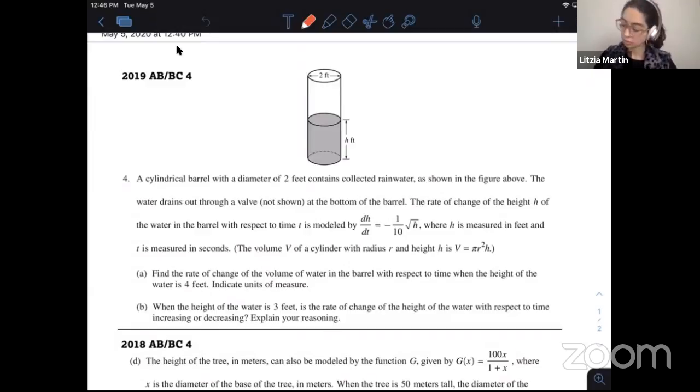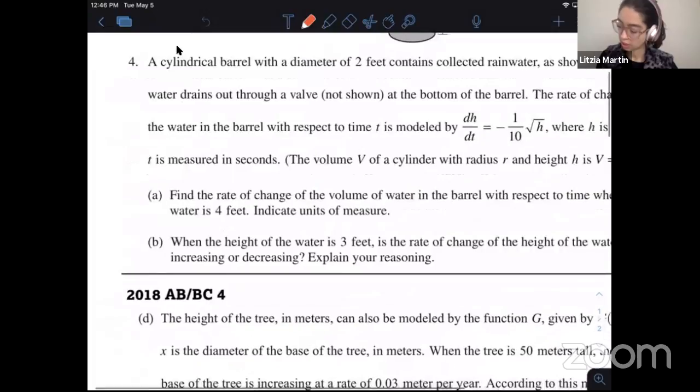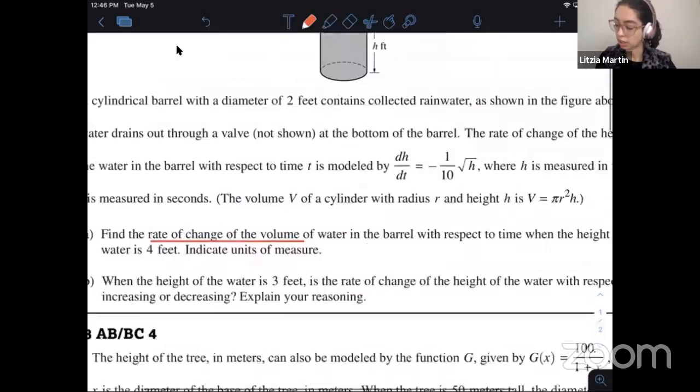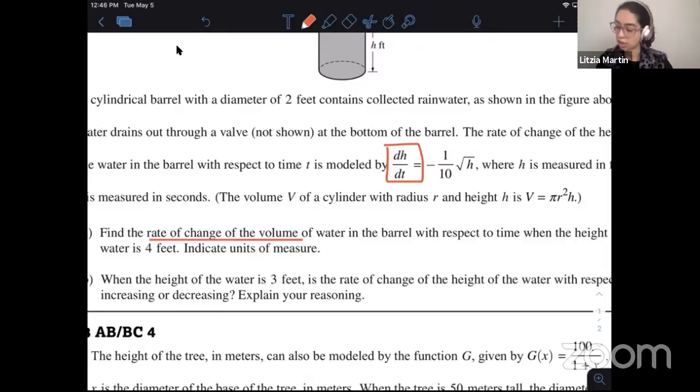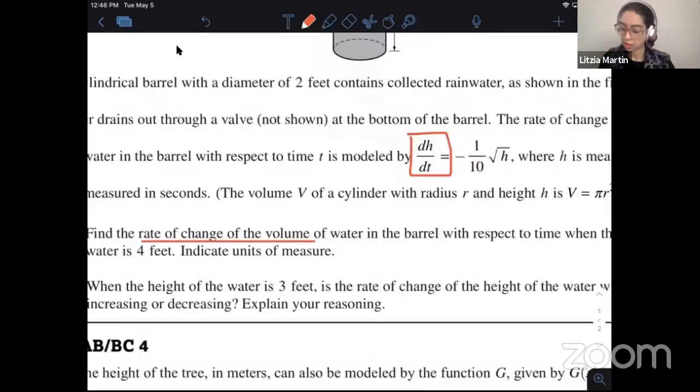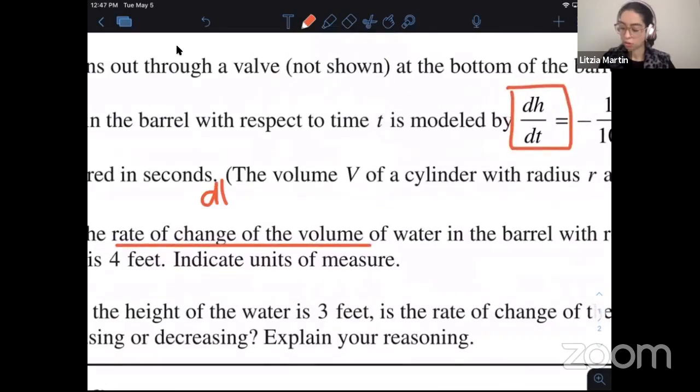So basically it says find the rate of change of the volume. They've already given us the equation dh/dt, the rate of change in the height over time, but that's not going to be the rate of change of the volume. For that, we would need to have dV/dt.